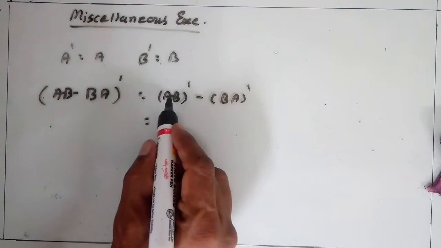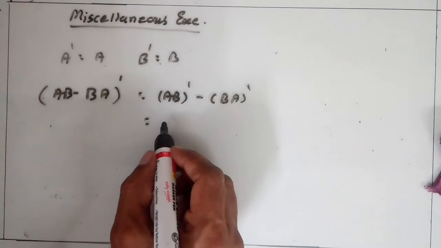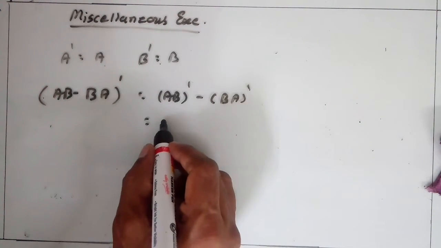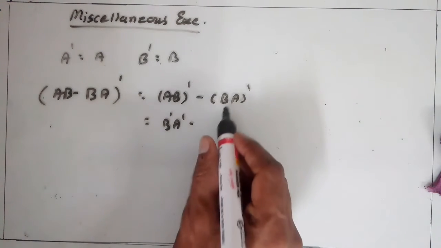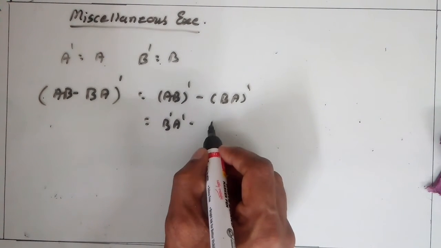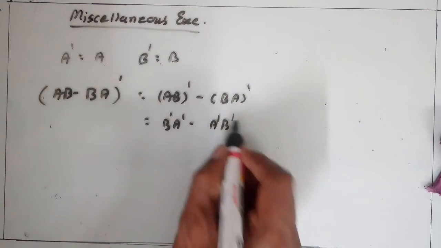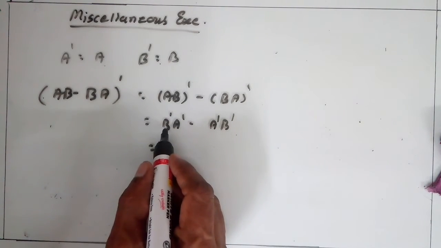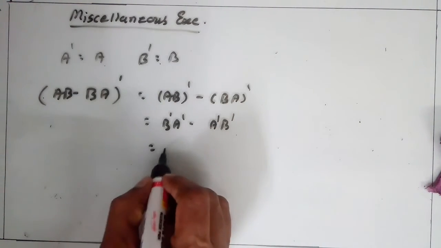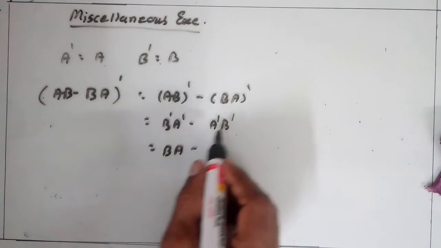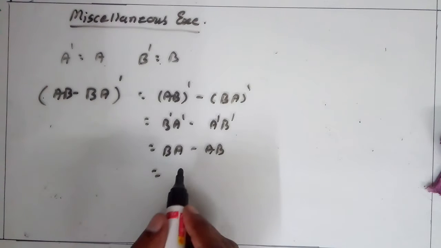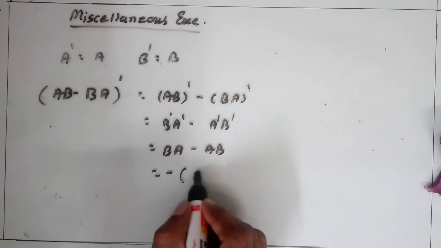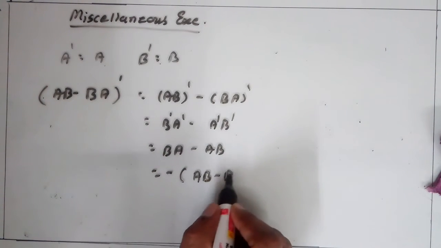So AB dash is equal to B dash into A dash, minus A dash into B dash, but B dash is equal to B, A dash is equal to A, minus A dash is equal to A, B dash is equal to B. Taking minus common, we get minus of AB minus BA.